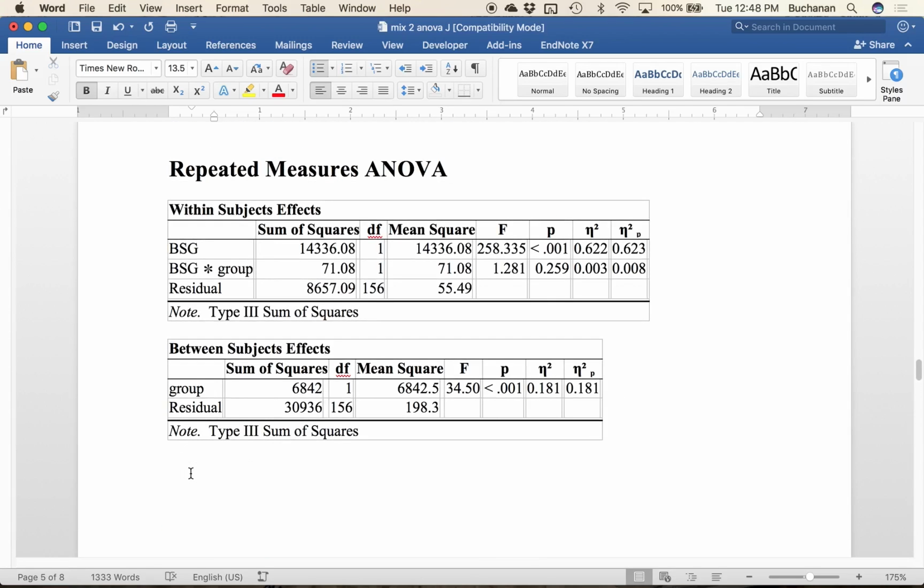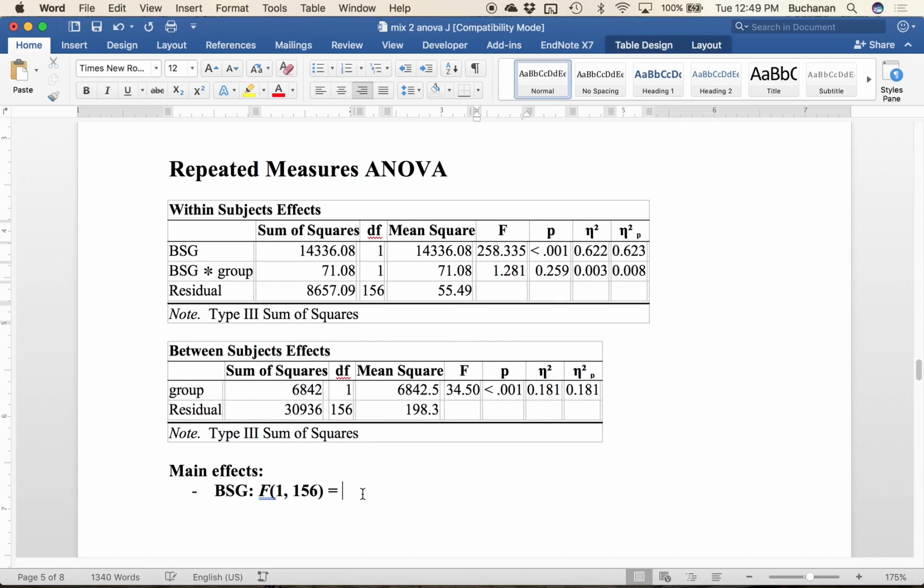Come up here and talk about all of our ANOVA effects. For the main effects, remember main effects are with 1 variable only, so each IV by itself. BSG is significant. It's F of 1 and 156 equals 258.34.